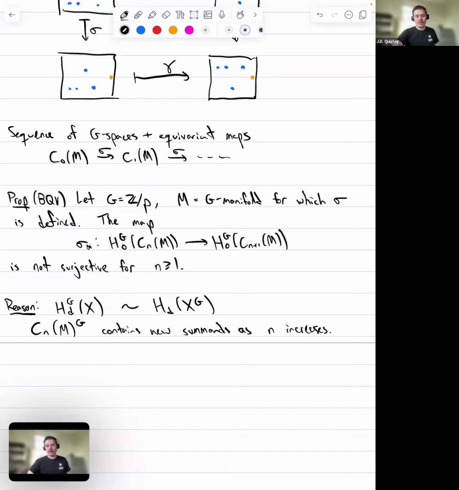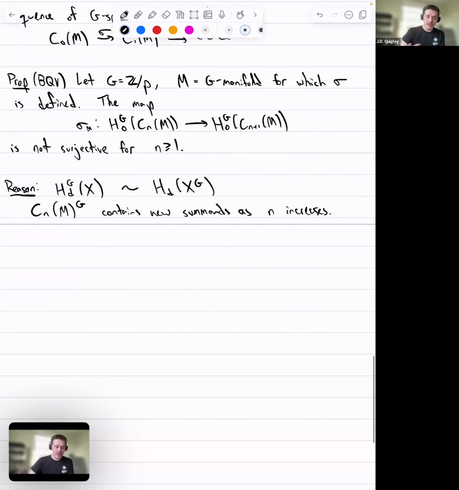Okay, and I will draw you a special example which illustrates this point. So let's say G is Z mod 2, and M is the regular representation rho as usual. Let's look at these fixed points.